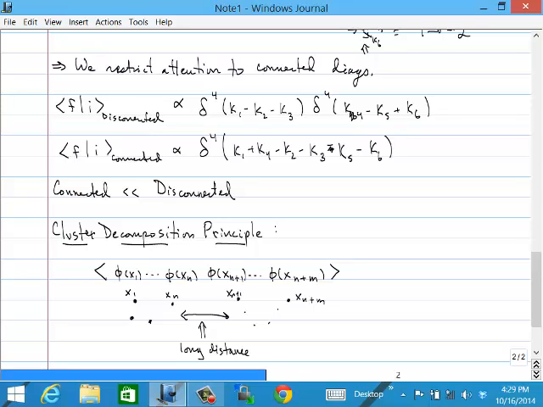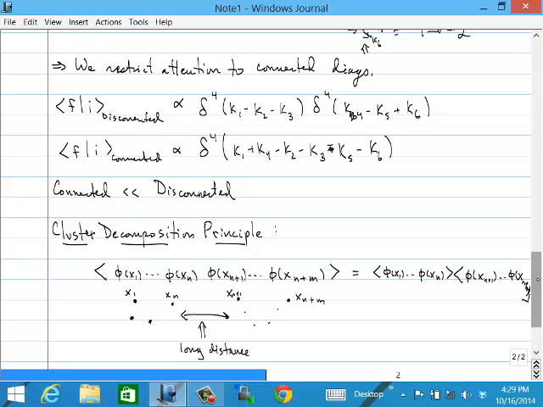Anyway, these could be widely separated in space or in time, and the cluster decomposition principle is simply that the expectation values will factorize in the limit where the two sets of particles are widely separated.